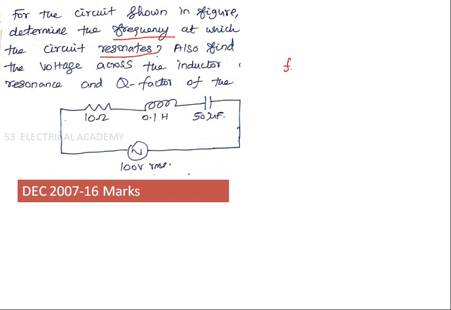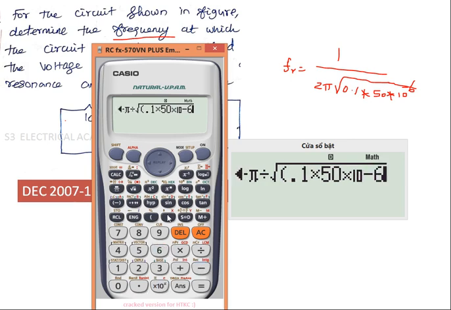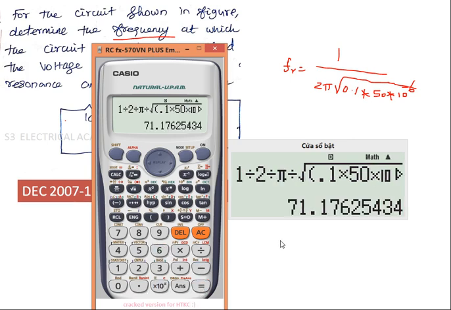So FR is equal to 1 divided by 2 pi root of L value, 0.1, into 50 into 10 to the power minus 6 farad, which is equal to 71.17 hertz, which is nothing but the resonant frequency.